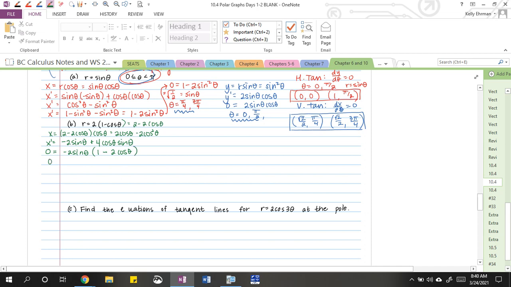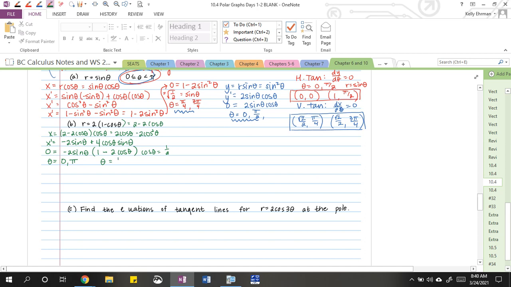So sine theta equals 0 when theta equals, we don't have any restrictions here, so I'm going to go one full circle. So 0 and pi, and 2 pi, but I'm not worried about that unless I need it. And then cosine theta equals 1/2 is what I'm trying to solve.